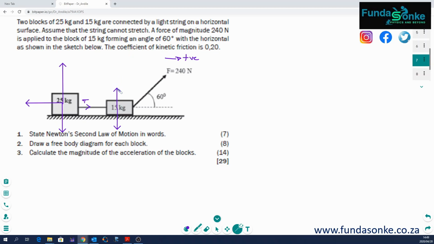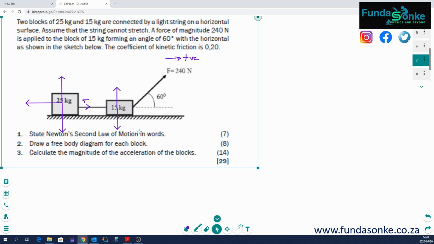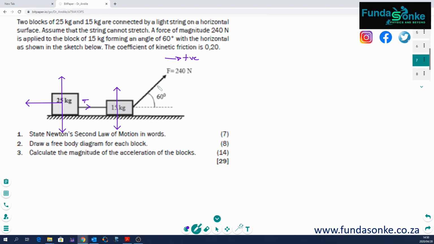These need to be equal in length since they are in equilibrium, so I'm going to adjust the length of this one as well so that it is the same. Then from there, of course, we've got the force F equal to 240 acting at 60 degrees to the horizontal.